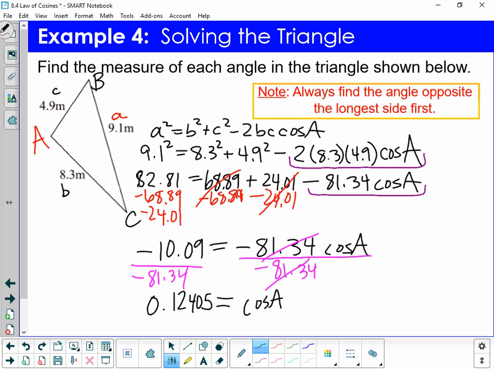So when we do our inverse cosine, that leads us to the solution that angle A is equal to 82.9 degrees.